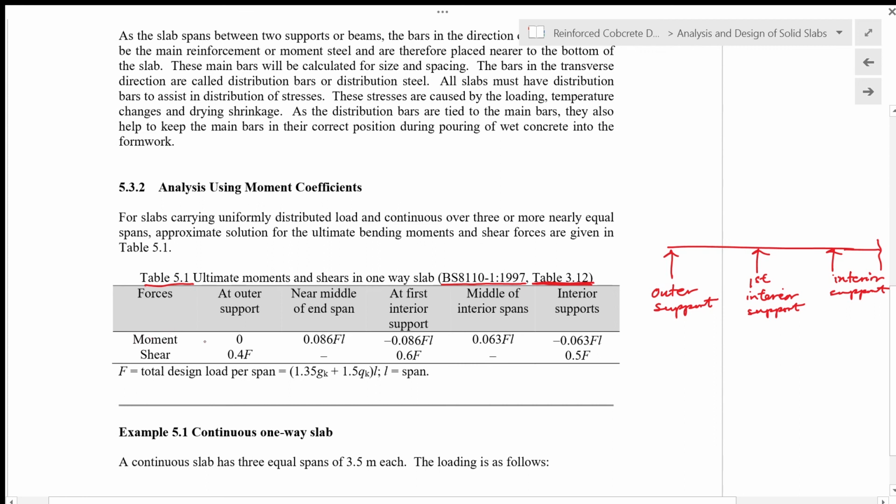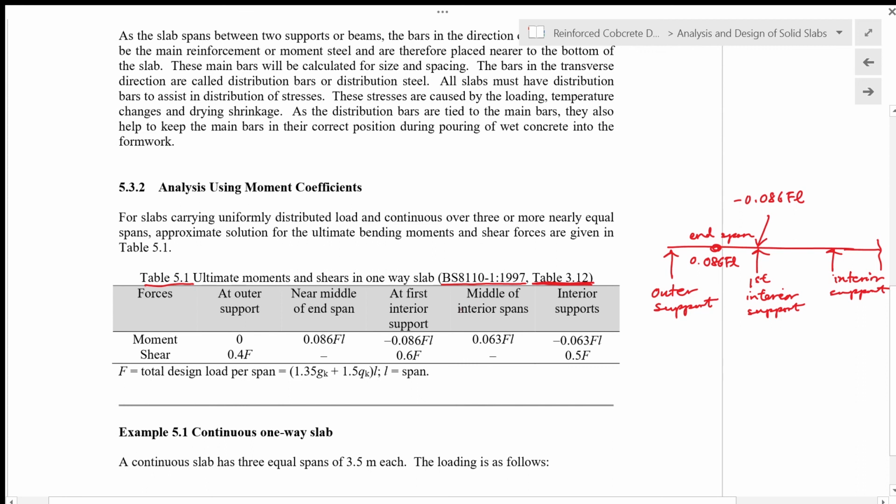Near the middle of the end span, this is considered an end span, we have a moment of 0.086 FL. Then at the first interior support, we have a moment of negative 0.086 FL.